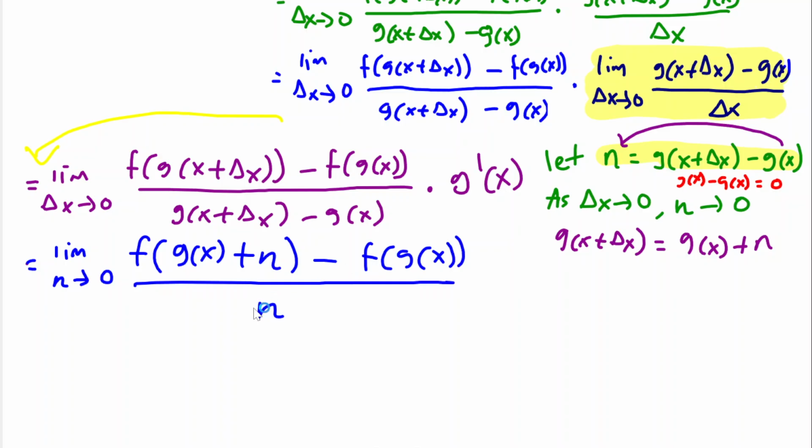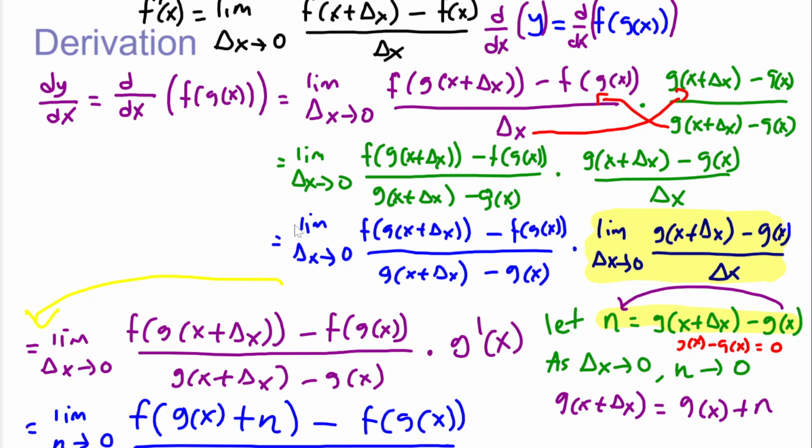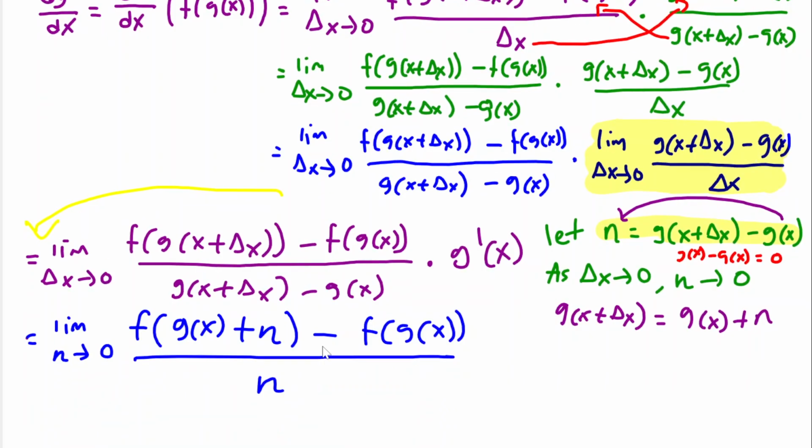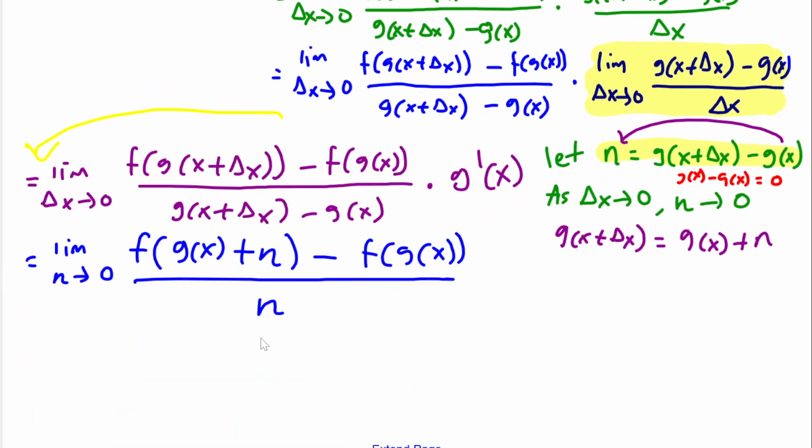Now let's see what we're dealing with here. You know the saying, never forget your roots. Let's go back to our roots: the limit as delta x approaches 0 of f of x plus delta x minus f of x over delta x. Doesn't this kind of fit that form?